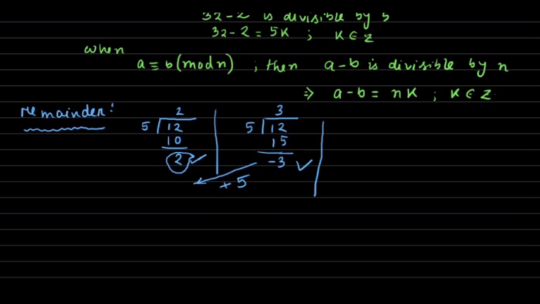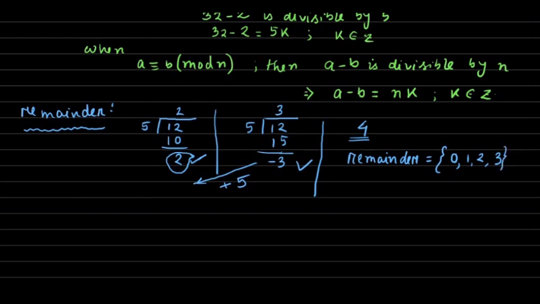If you are dividing a number by 4, then you can have the remainder. Let me tell you the set of remainders: when a number is divided by 4, we can have 0, 1, 2, 3.